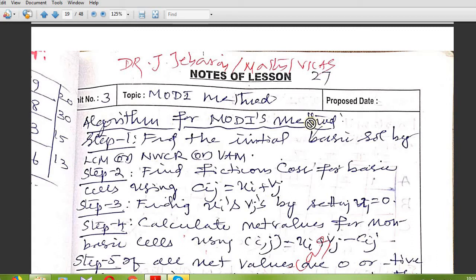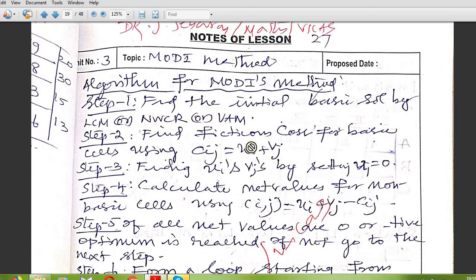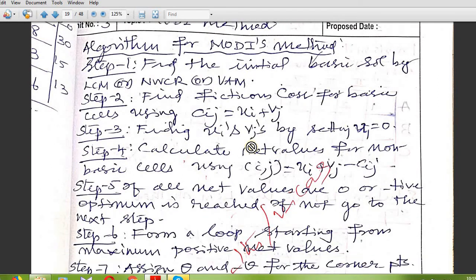There are some algorithms, or steps, that we have to follow in Modi's method. The first step is to find the initial basic solution by the least cost method, northwest corner rule or VAM method. Then we have to find the fixed cost for each basic cell.